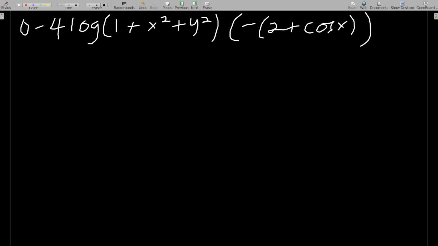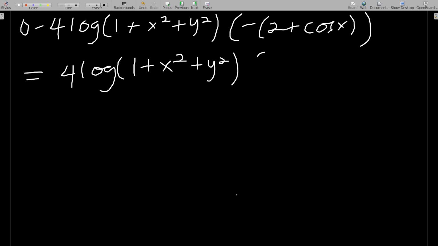Right, so this negative can come out of the whole of that expression and multiply this negative again. And the whole expression will become positive: log of 1 plus x squared plus y squared, then 2 plus cos x.